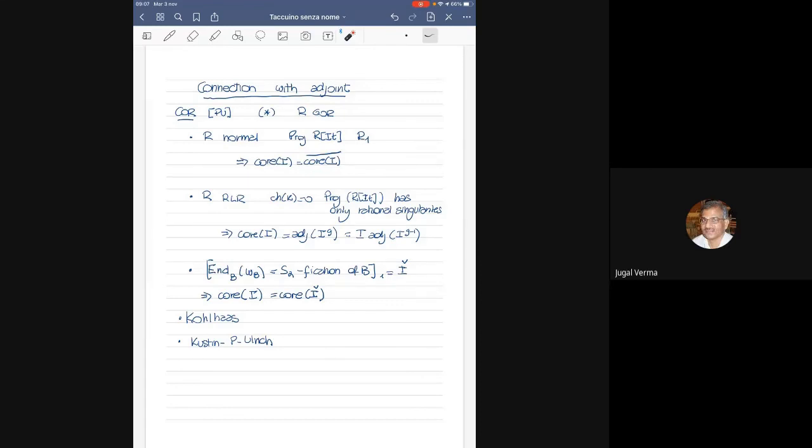Okay, I think it's known in general. This equality. What is not known is this one. I think Lipman has this in any characteristic, if I'm correct. Remember, Lipman introduced the adjoint in any characteristic, not just in characteristic 0. That's the advantage of the adjoint with respect to the multiplier ideal.